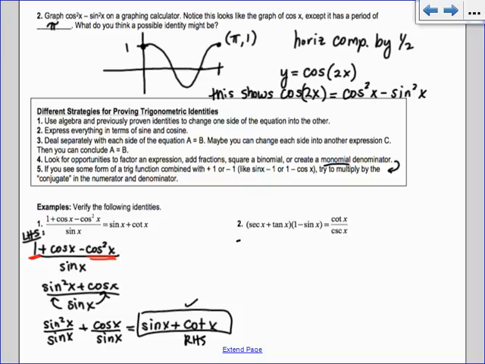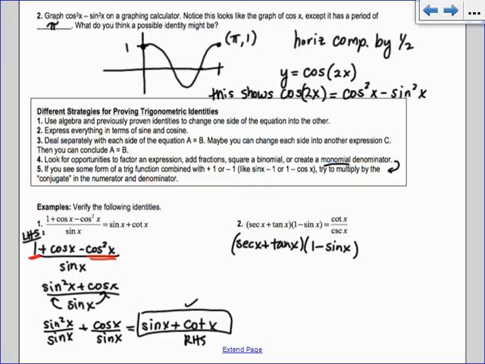Okay, so number 2. Let's say I start with secant of x plus tangent of x, and I'm multiplying by 1 minus sine of x. This looks a little bit harder. You could change secant x and tangent x into 1 over cosine if you wanted to, whatever you want to do. I'm going to go ahead and FOIL like it is.